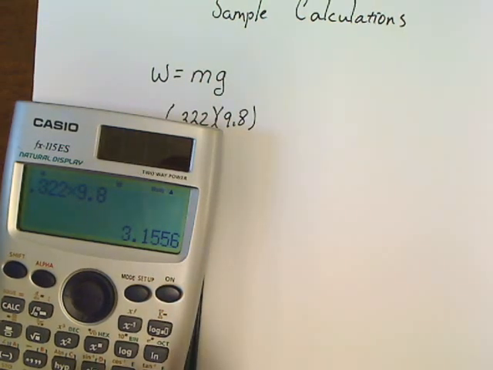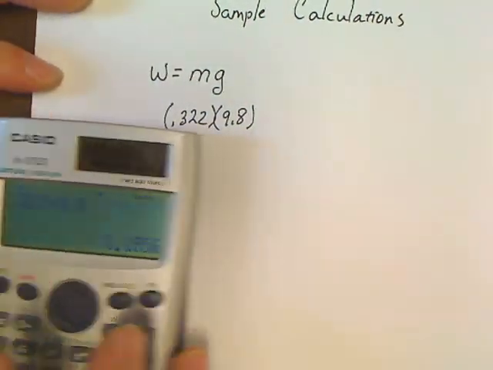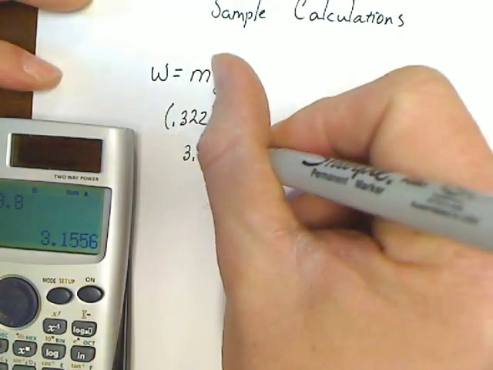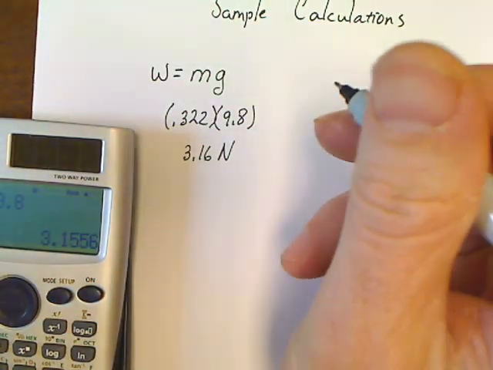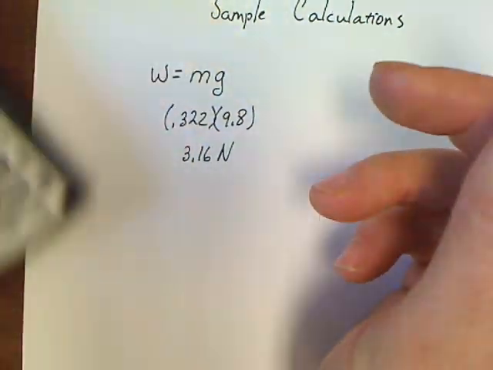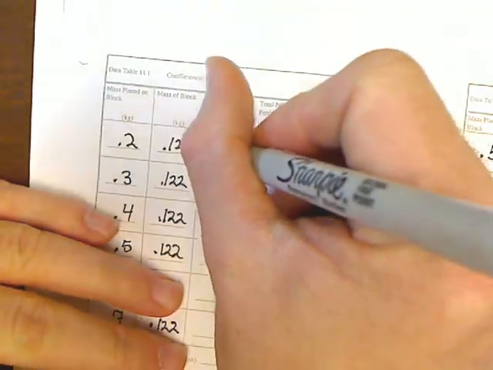I'm going to keep 2 decimal places, and round that to 3.16 newtons, the correct unit for weight, of course, being a newton. So now I've got my weight, 3.16.